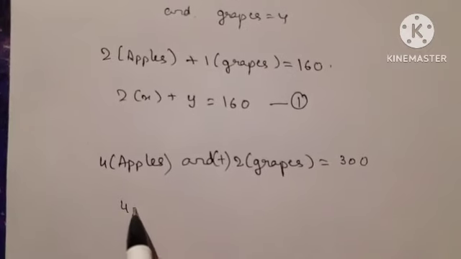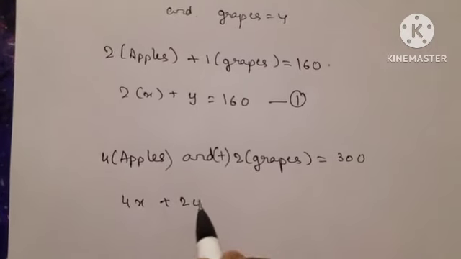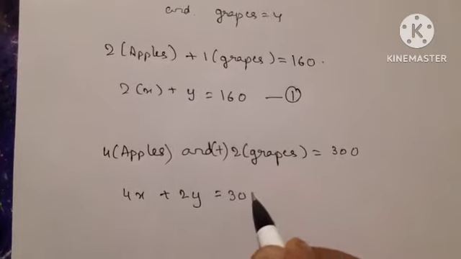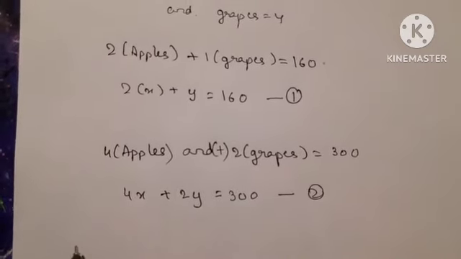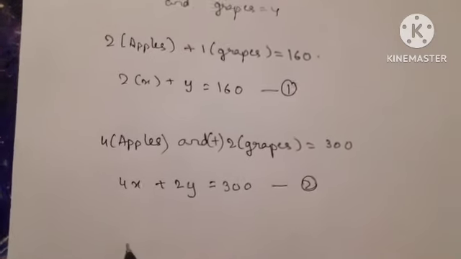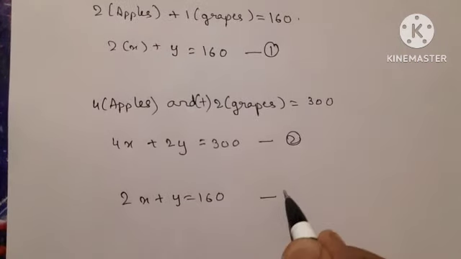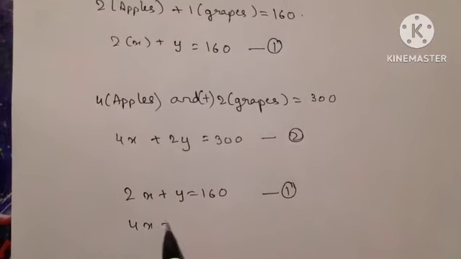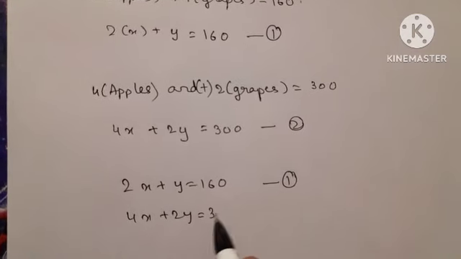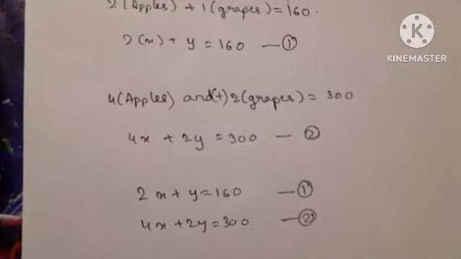So 4 kg of apples, 4x, plus 2 kg of grapes, y, is equal to 300. This will be equation 2. So let's write both the equations here. 2x plus y equal to 160 is equation 1, and 4x plus 2y equal to 300, this is equation 2.